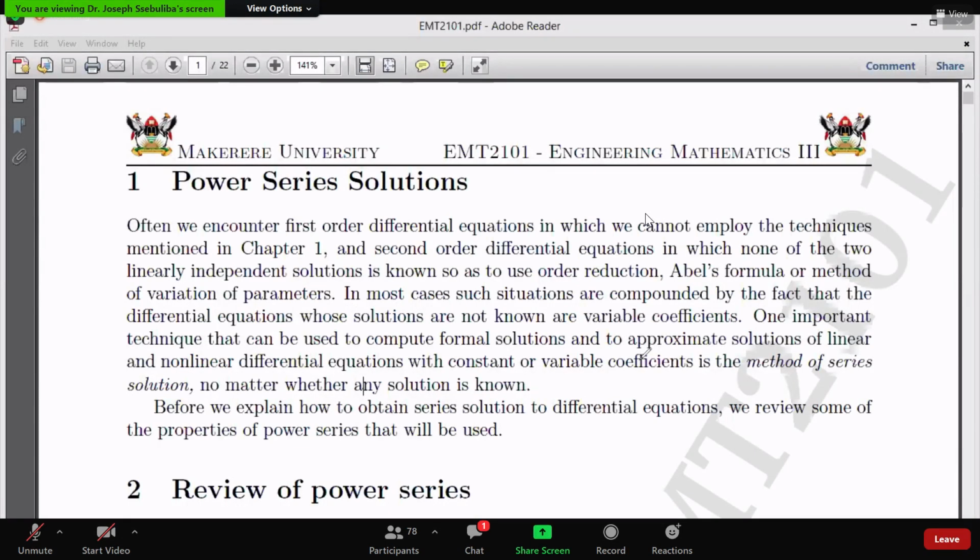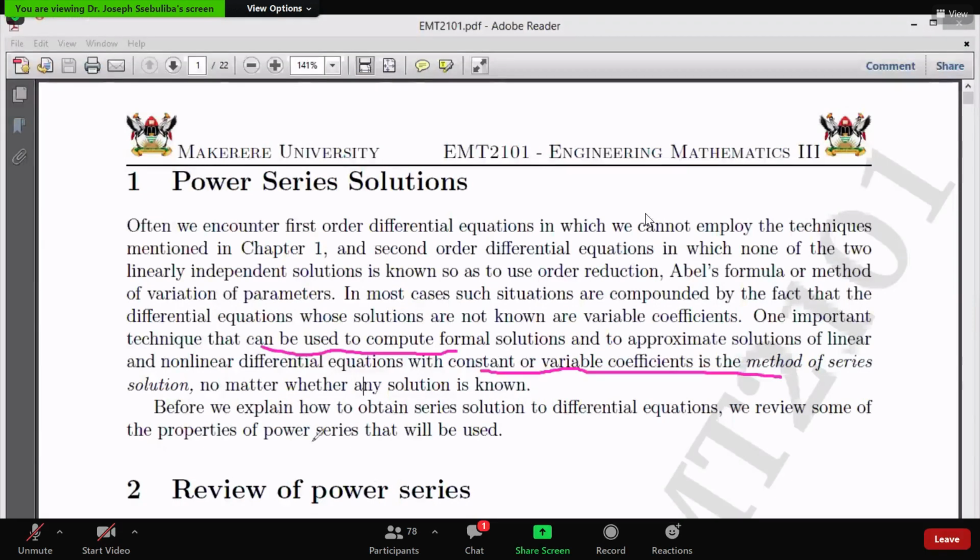What I was saying is that when we looked at those forms, there are other approaches we left out. That's why we are saying that one important method to approximate solutions of linear and then nonlinear equations with variable coefficients is the method of series solution.